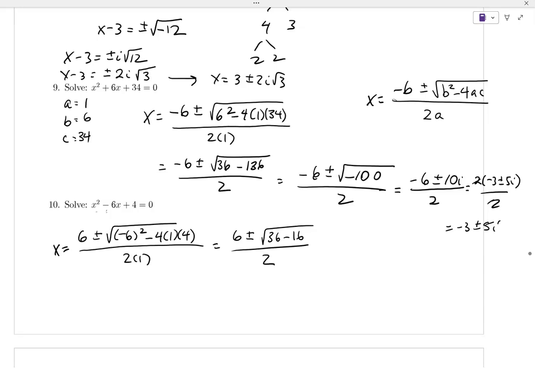Negative 6 squared is 36. 4 times 4 is 16. So we get the square root of 36 minus 16 on top. So we get 6 plus or minus the square root of 20.